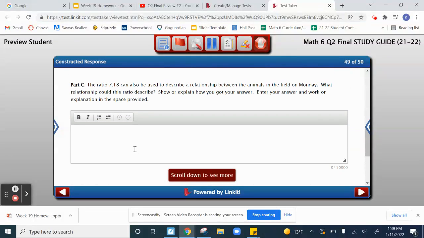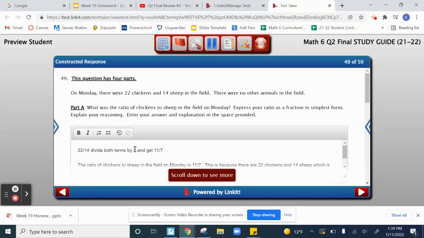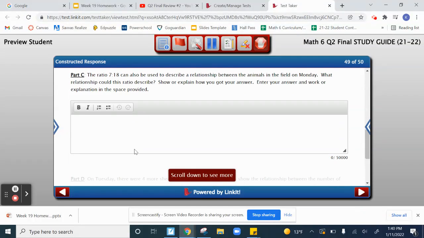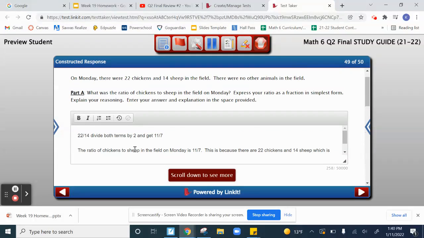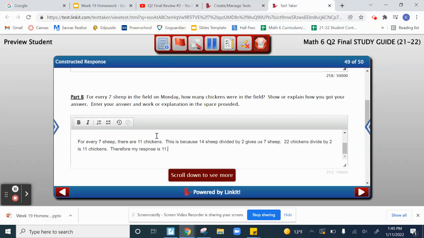The ratio of 7 to 18 can be used to describe the relationship between the animals in the field on Monday. What relationship does this describe? Okay. So let's make some different ratios here to figure out what we need. We know our ratio of chickens to sheep is 11 to 7.